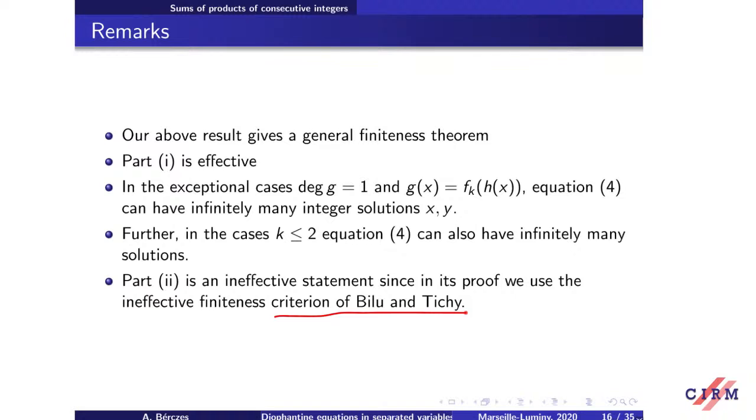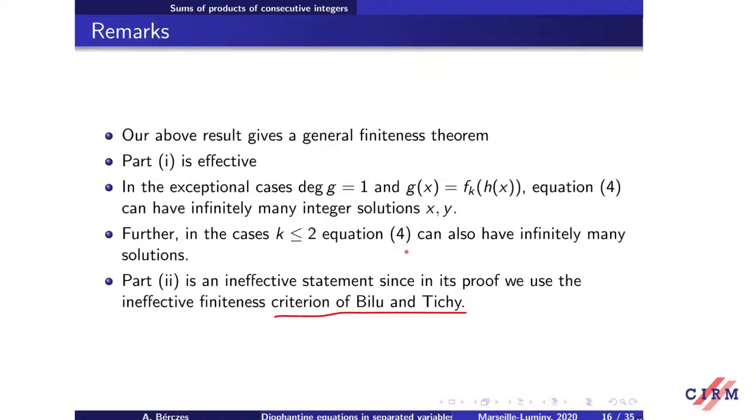And since the Bilu-Tichy theorem is ineffective, the results proved by it will also be ineffective. This means that there are no bounds on the size of the solutions. It proves a finiteness where there is no guarantee that there is a bound. We cannot just produce an effective upper bound.